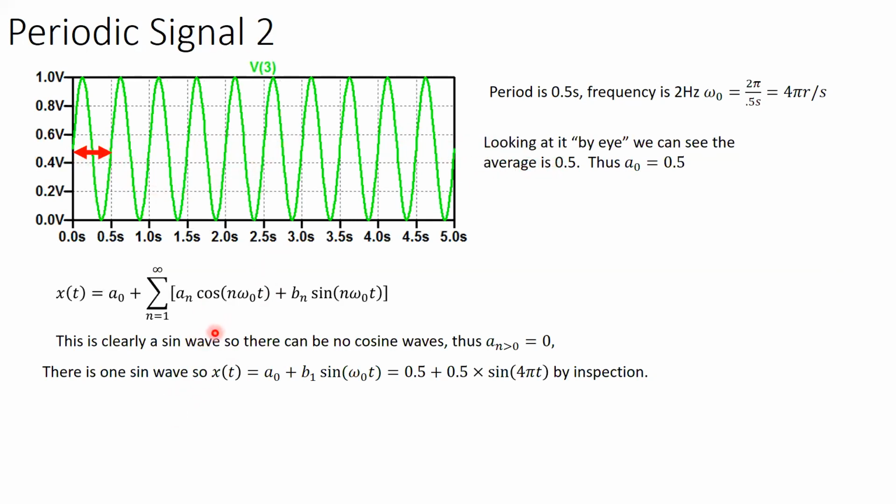Now, there's a sine wave. It's captured by this constant here. So all the ANs greater than 0 have to be 0. And what is the Fourier expansion? A naught, which is the half, plus B1 sine omega t, which is that. And really, just not even doing any integration, just from looking at it, we've done that.